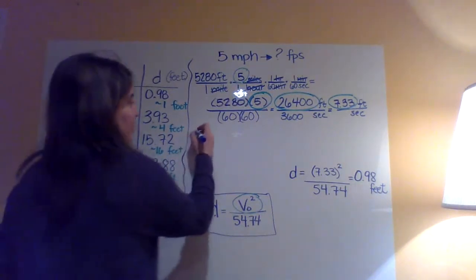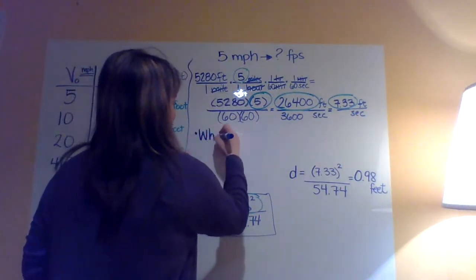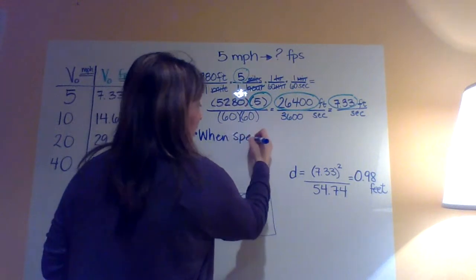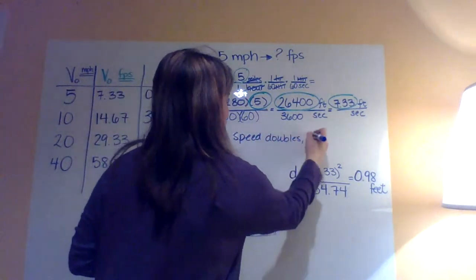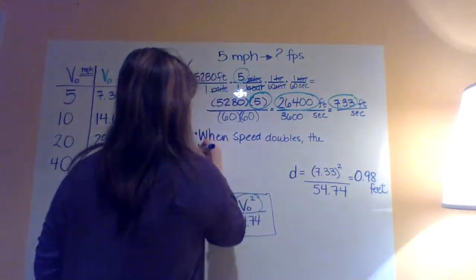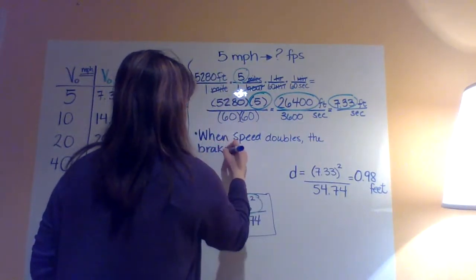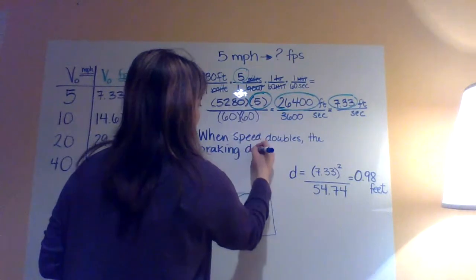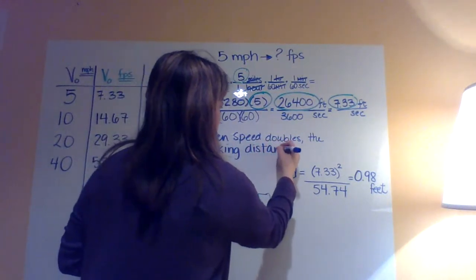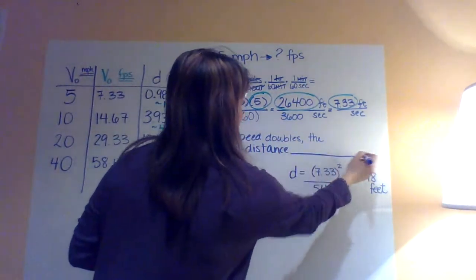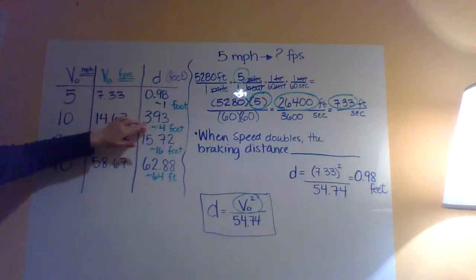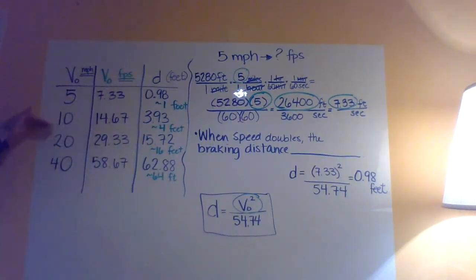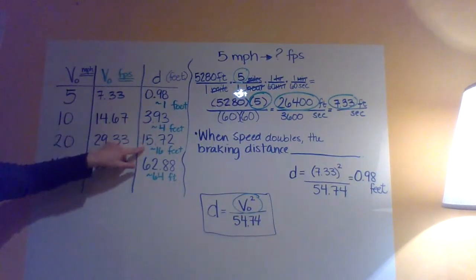So what happens is this. When my speed or velocity doubles, the braking distance does what? So here this doubled. How many times bigger is this? Or you can look at 10 to 20. 10 to 20 doubles. How many times bigger is this?